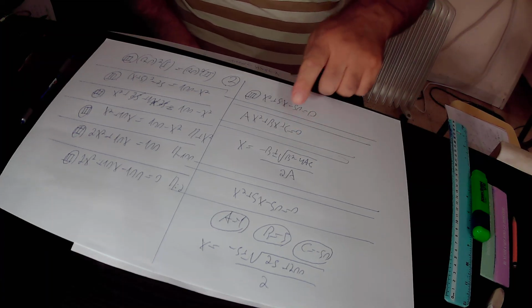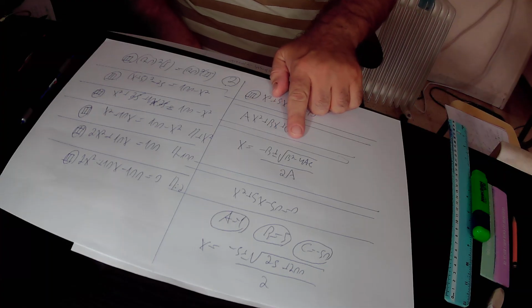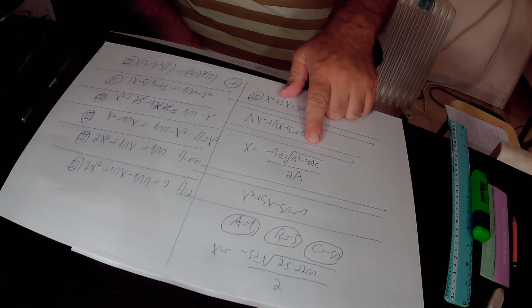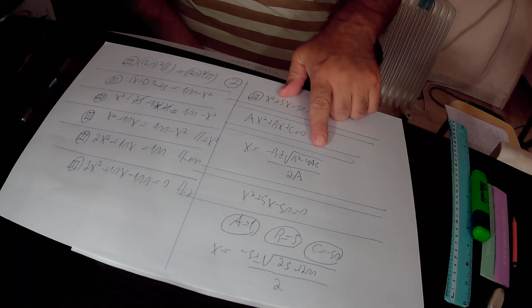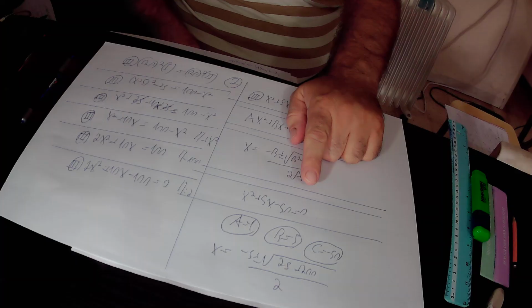So we did it, and we found out that x equals minus b. b is 5, so minus b is minus 5, plus minus the square root of b squared. b is 5, so b squared is 5 squared, that is 25. Minus 4 times a times c. a is 1, so minus 4 times a is minus 4 times 1, that is minus 4, times c. c is minus 50, so minus 4 times minus 50 is plus 200. Divided by 2a. a is 1, so 2a is 2 times 1, that is 2.